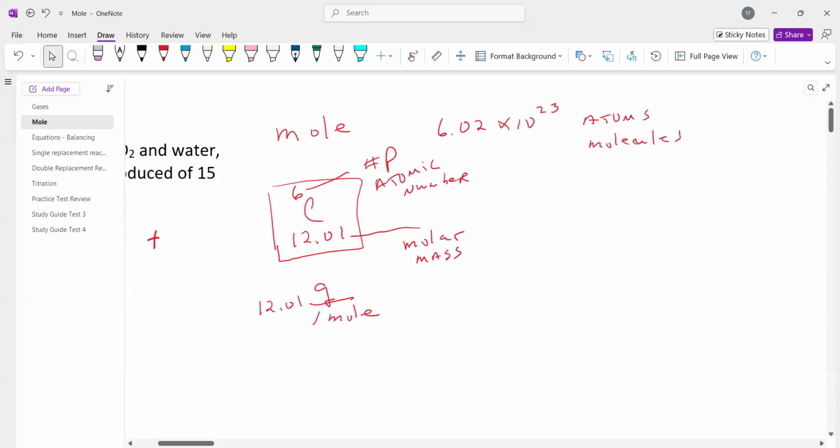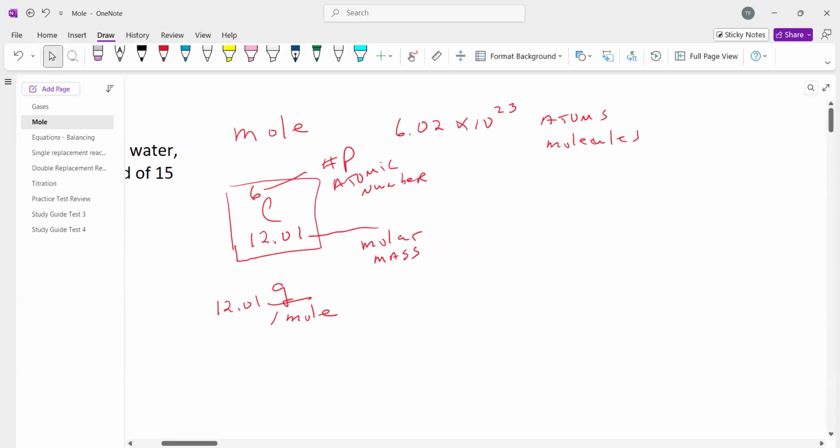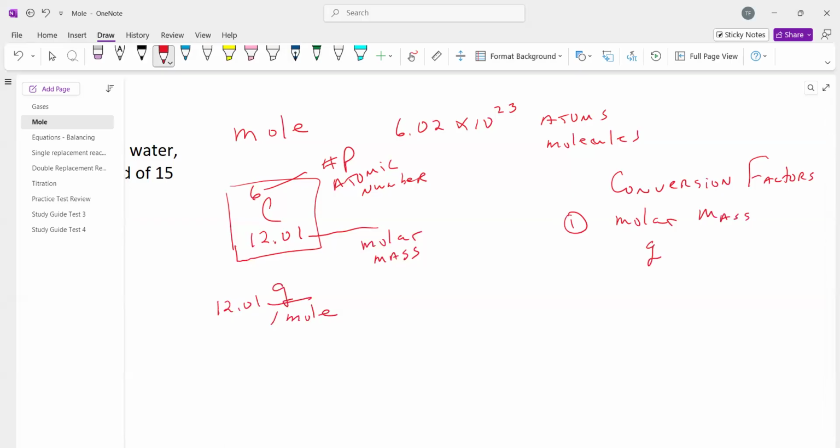So for unit 2, your first conversion factor. Now all conversion factors, of course, have got the inverse.